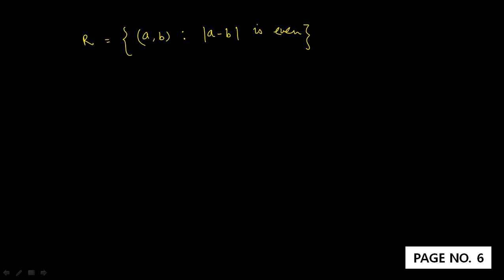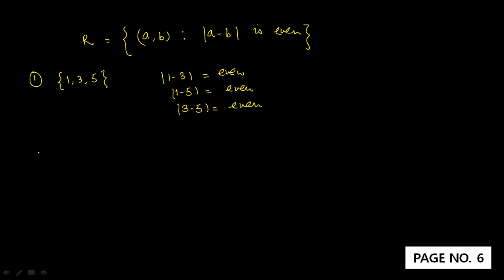Now what about the pair? Suppose I am talking about 1, 3 and 5. These are the elements. If I am writing 1 minus 3, the answer is even. If I am writing 1 minus 5, the answer is even. If I am writing 3 minus 5, again the answer is even.